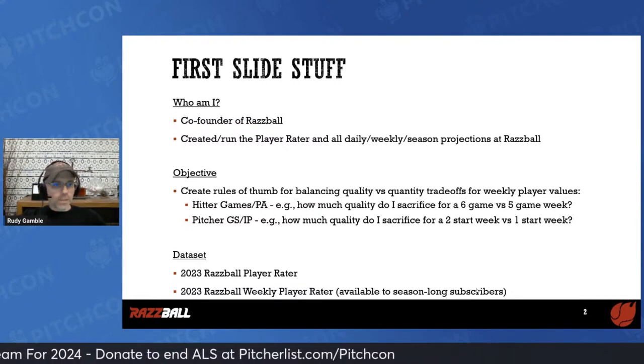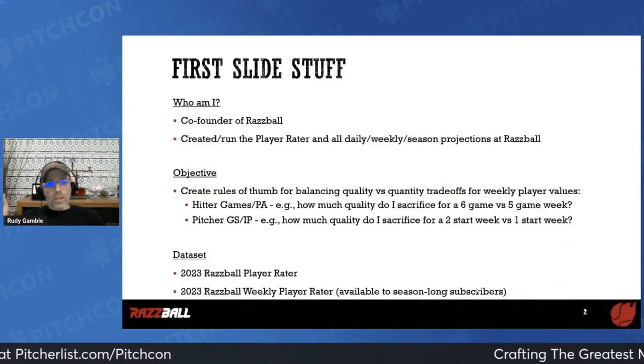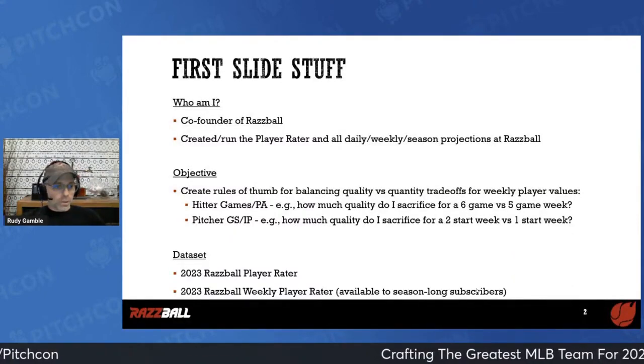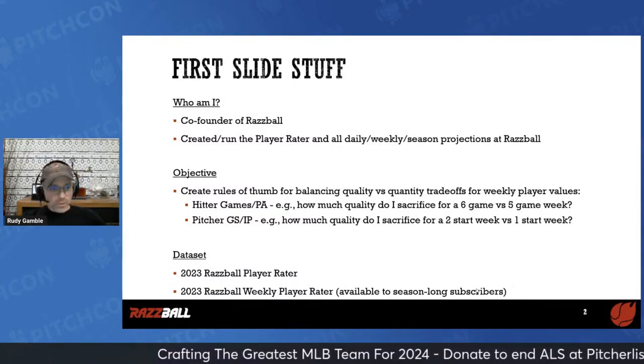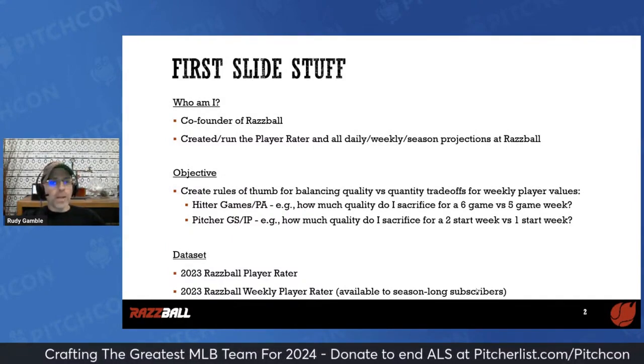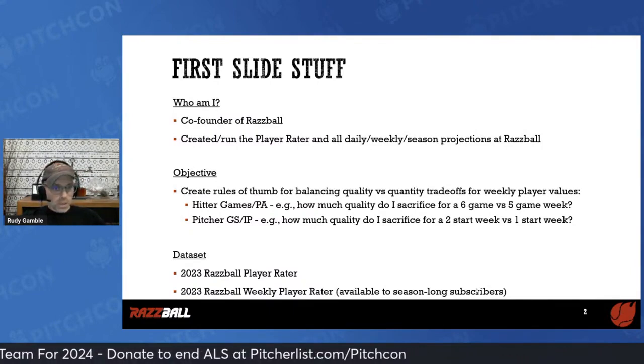The objective of this, if it wasn't clear by the title, is trying to create rules of thumb, which actually means you have to be able to understand it, and it's pretty straightforward. But how do you create a rule of thumb for balancing quality versus quantity trade-offs for weekly player values?